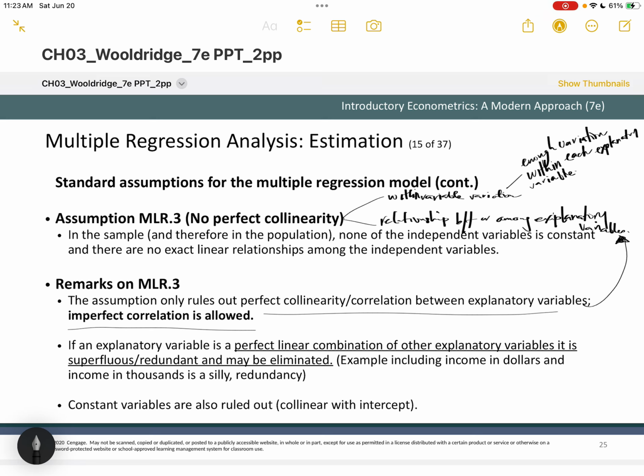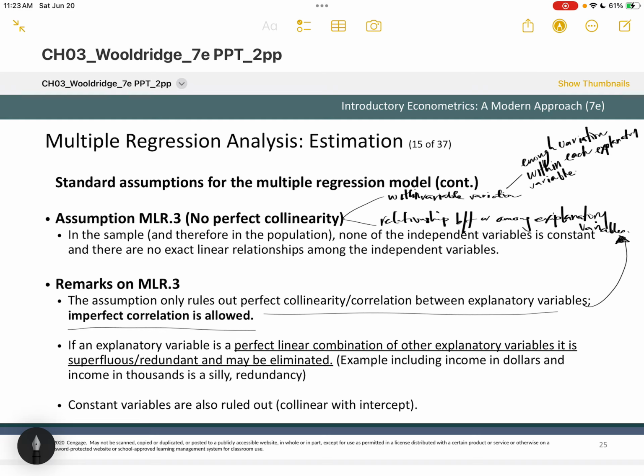So the third assumption, no perfect collinearity, can be seen in twofold. The first fold is we need enough variation within each explanatory variable.